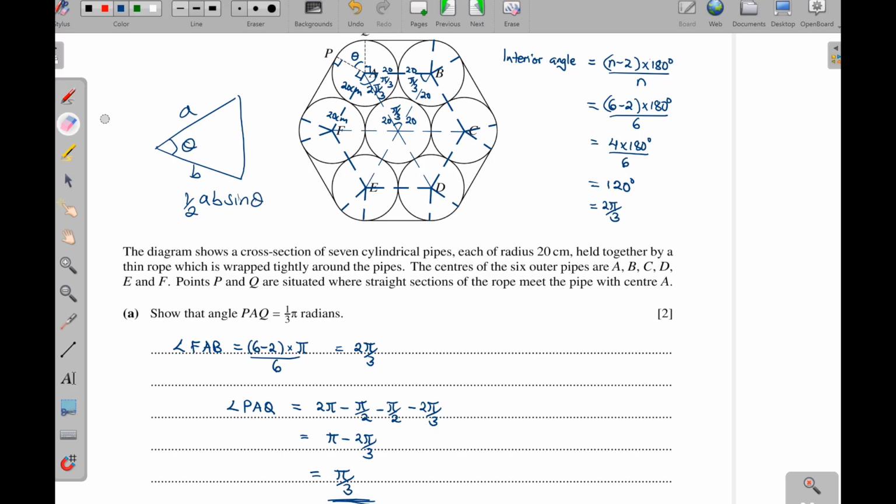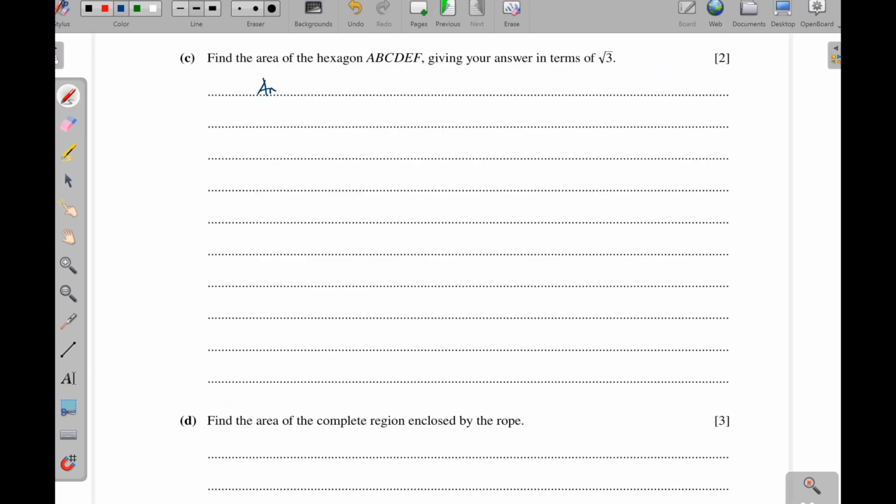You see that? So now that simply implies that the area of the hexagon ABCDEF is going to be 6 times the area of the equilateral triangle.